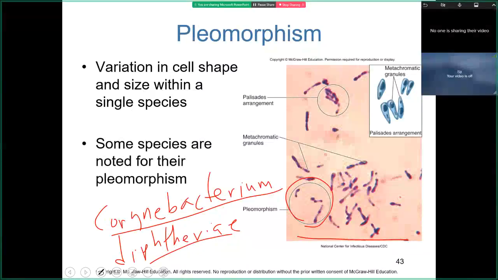And obviously there's a lot of variety in this particular organism. Some of them look like little drumsticks. Some of them look like little propellers, like an airplane propeller that's got two sides to it. Some of them are more kind of rod shaped. Some of them are more like coccus-shaped. So a lot of variation there. So definitely these guys are pleomorphic.